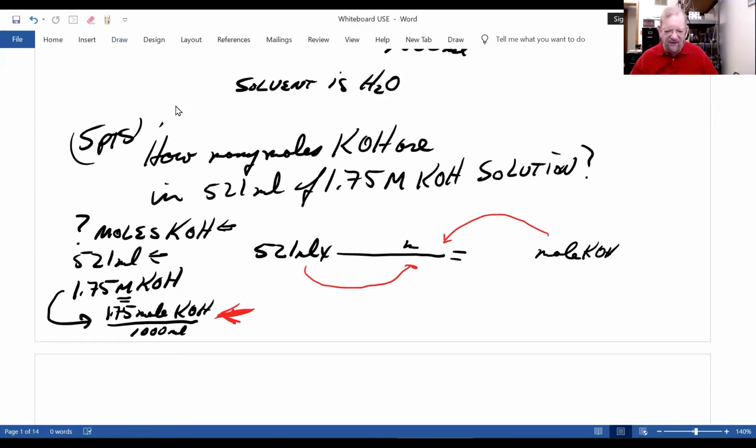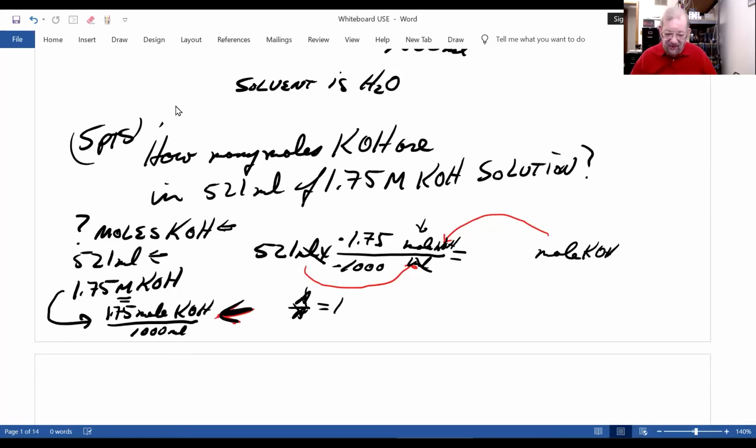Oh, first of all, moles of KOH, milliliters from unit analysis. Where do I get these numbers? From right here. And it's 1.75 moles of KOH per 1,000 milliliters. Notice milliliters divided by milliliters, anything divided by itself cancels out, becomes the number one, and I'm left with the units I want.